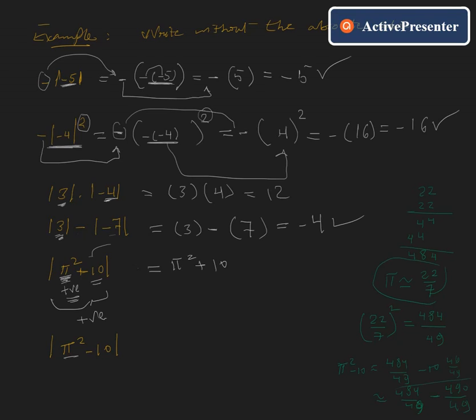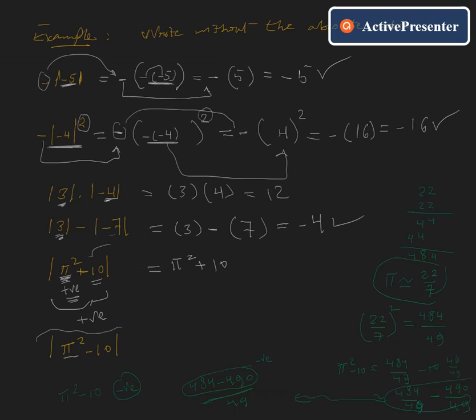So this expression is written as 484 minus 490 over 49. Of course, 484 minus 490 is negative. Therefore, our expression, which is pi square minus 10, is negative.